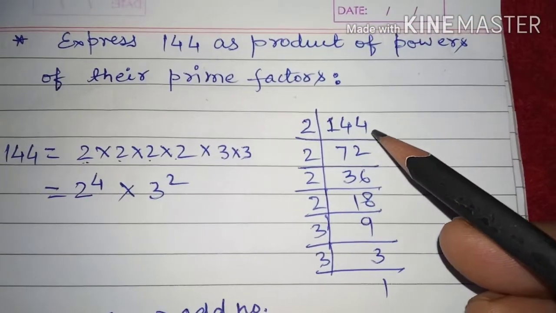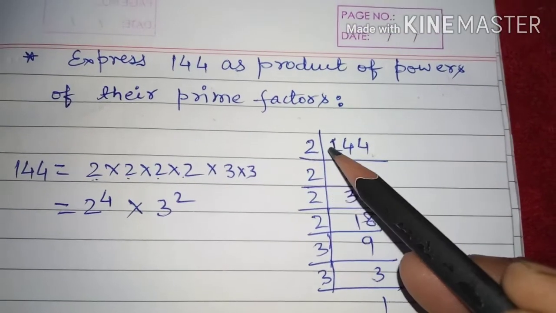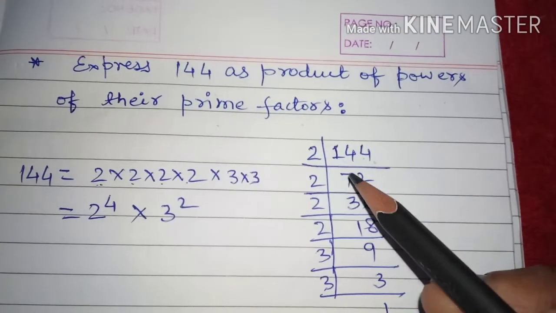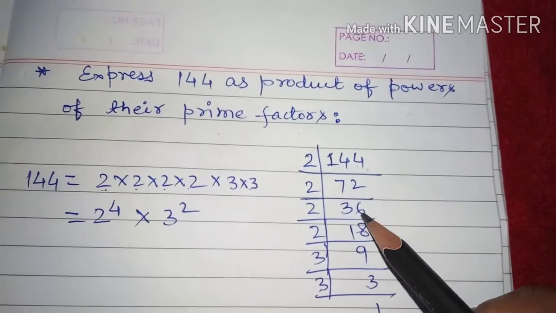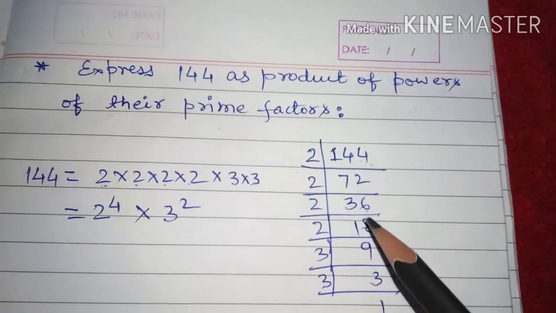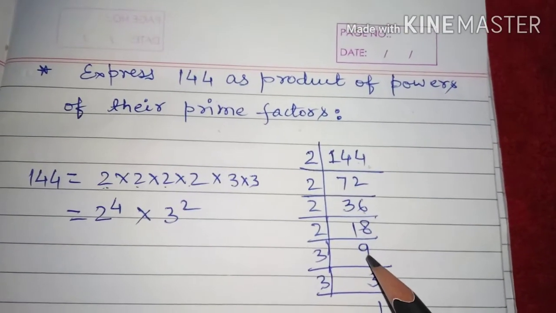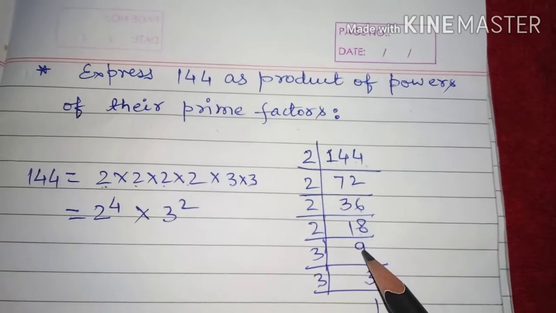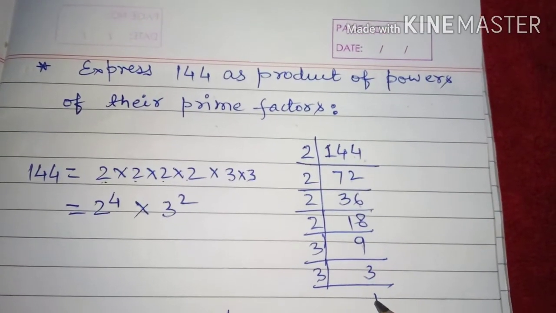Since the unit place is 4, this number will be divisible by 2. So we will divide 144 by 2, 72 will come. Again 72 is divisible by 2, 36 will come. 36 is divisible by 2, 18 will come. 18 is divisible by 2, 9 will come. Now 9 is not divisible by 2, it is divisible by 3. So 3 threes are 9, and 3 is divisible by 3, so 1 will come.